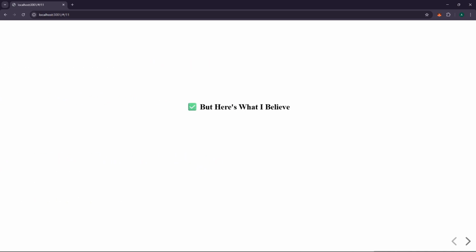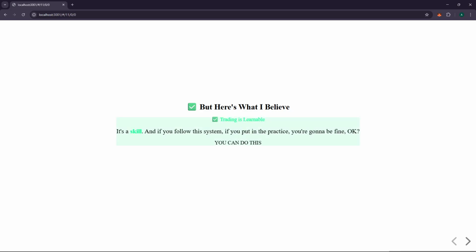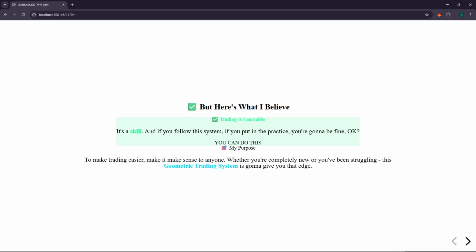But here's what I believe: trading is learnable. It's a skill. If you follow this system and put in the practice, you're going to be fine. You can do this. My purpose is to make trading easier and make sense to anyone. Whether you're completely new or you've been struggling, this geometric trading system is going to give you that edge.